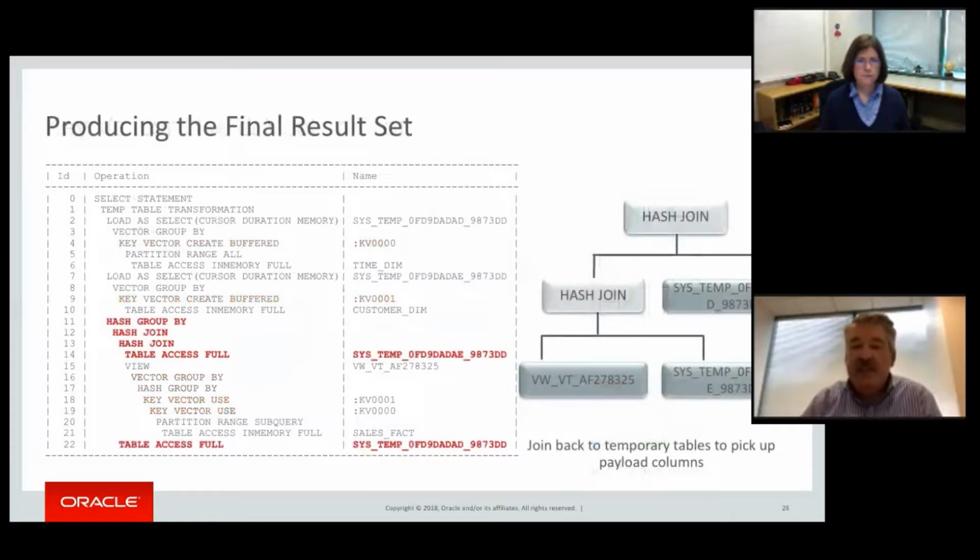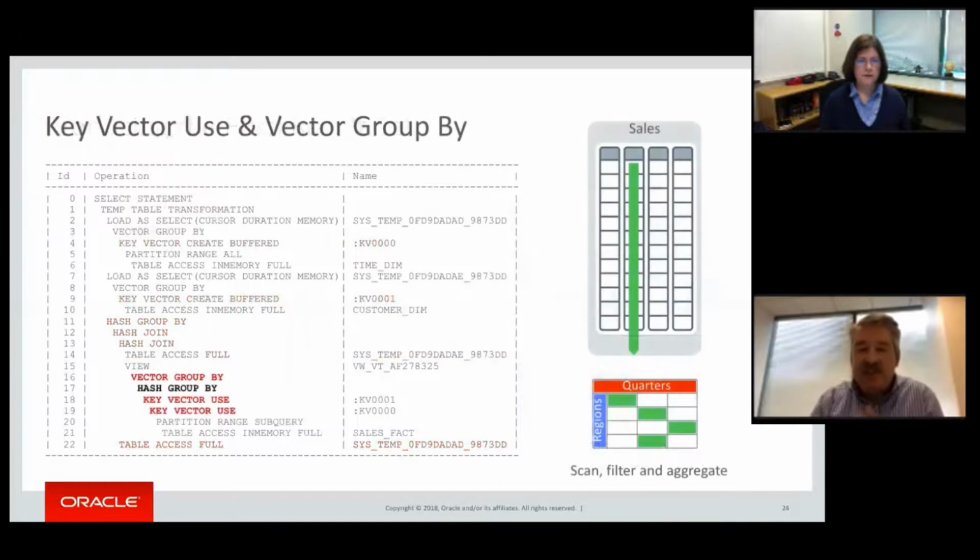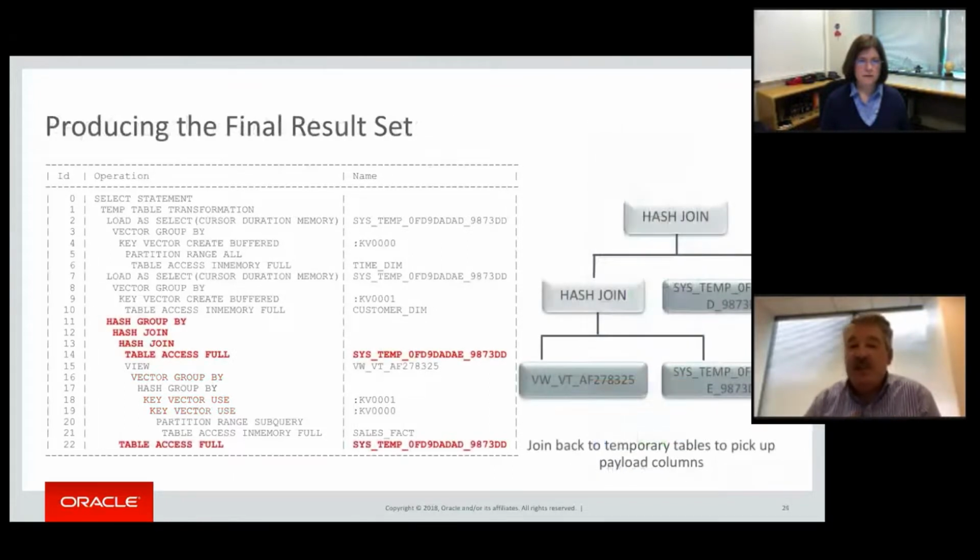And then we see that we're going to go back. So we've done our scan of the sales table, sales fact, the fact table. We've done our vector group by. We've pushed our key vectors into the scan. The qualifying group by columns have been aggregated. And now we're going to go pick up the column values, since we have only got essentially symbols in our key vector structures.